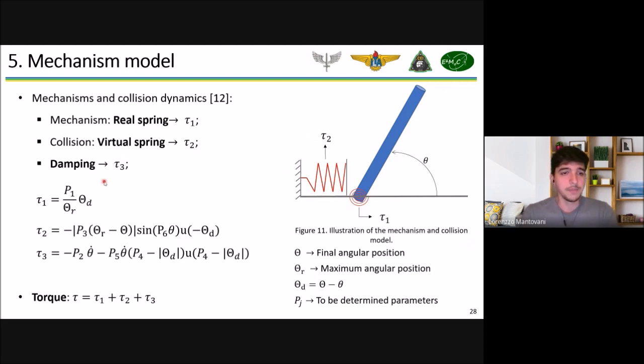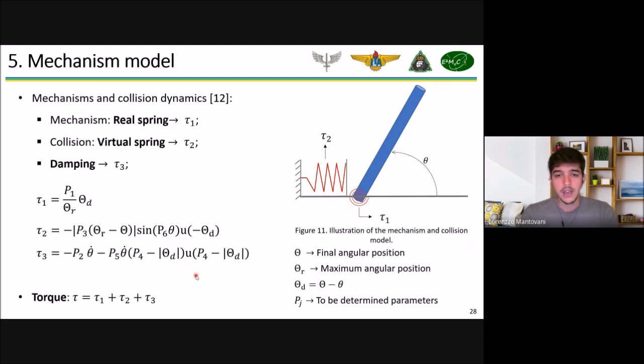It's a traditional damping. The first torque, the real spring torque, is a linear torque. The second one, we can see here, has a unit step function, so it will only be active after a certain specific value. And the damping torque has two components here. The first one is proportional to the angular velocity of this boom, and the second one is also proportional to the angular velocity, but it has a unit step function.